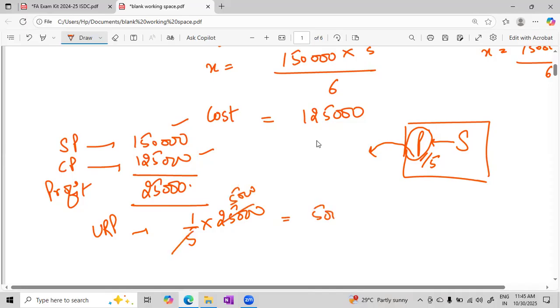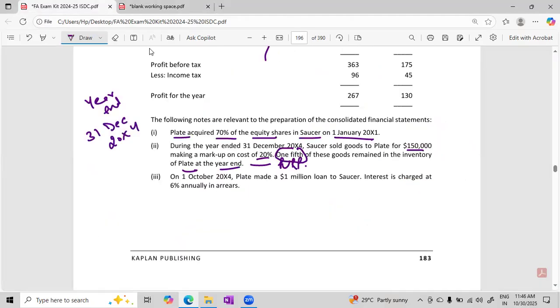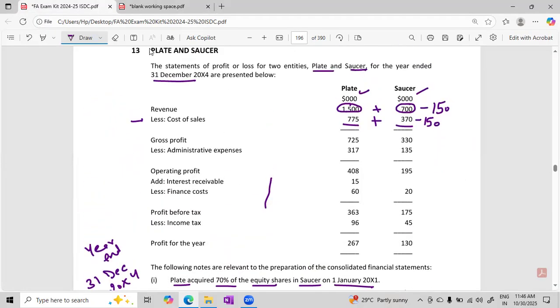So in my cost of sales, I'm going to add it. Why am I adding? In order to increase the cost. So in order to increase the cost, I will add the unrealized profit. So again, ignore the 3 zeros because everything has been given in 3 zeros over here. So I'm going to add 5 over here.